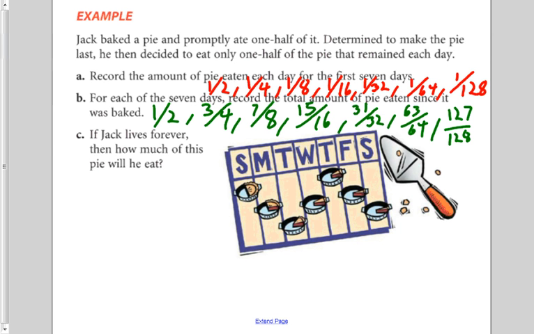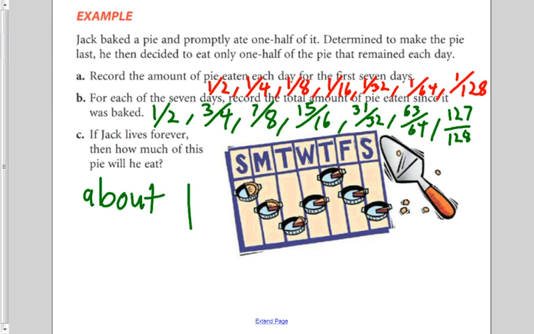Part C, though, asks us if Jack here is living forever, and the pie obviously never expires, then how much of this pie will he eat? Well, he's eating 1/2 a pie a day forever. And already by day 7, he's almost eaten the whole pie. So, here, we'd say he eats about 1 pie.